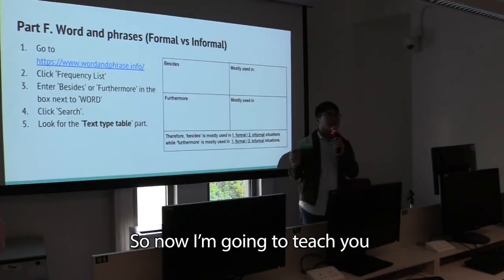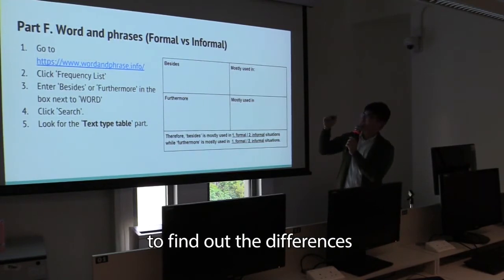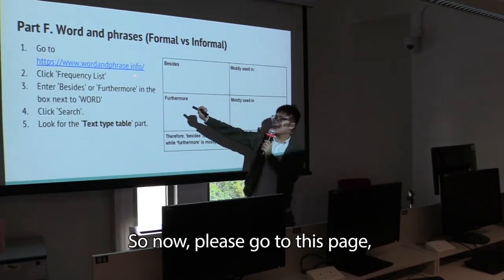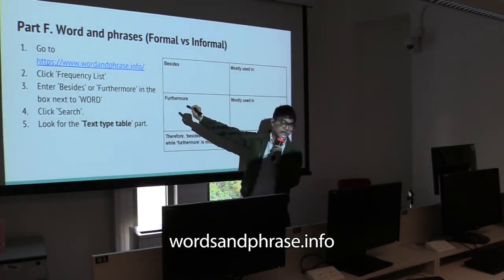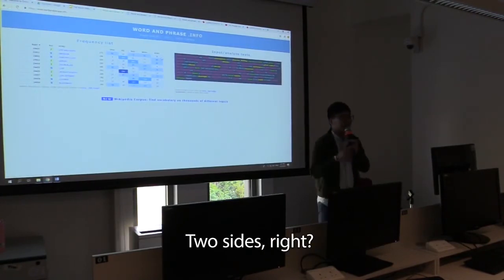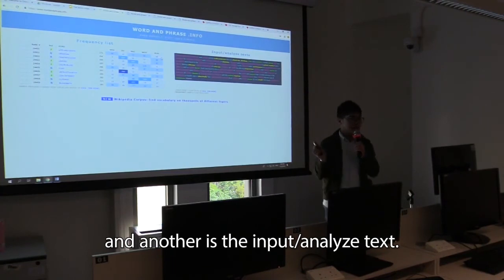So now I'm going to teach you how to use another corpus tool to find out the differences between furthermore and besides. So now please go to this page, wordsandphrase.info, enter the website. It will be something like this, two sides, right? One is the frequency list and another is the input or analysis text.